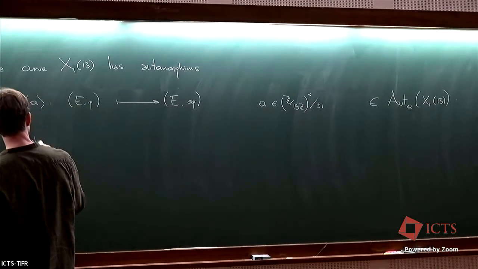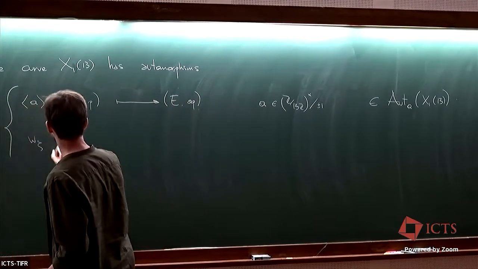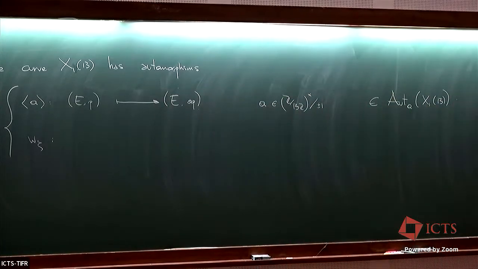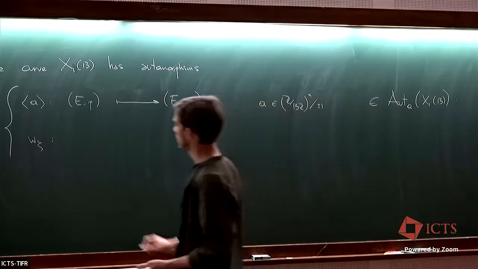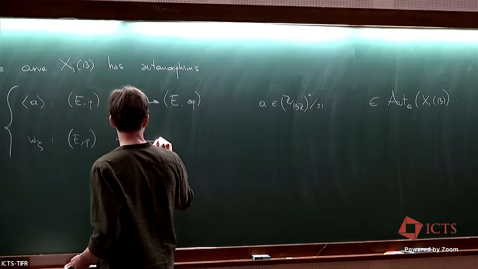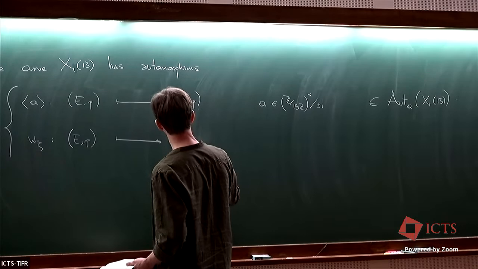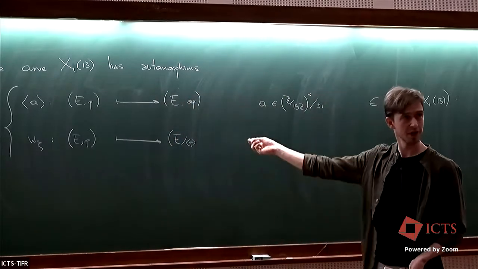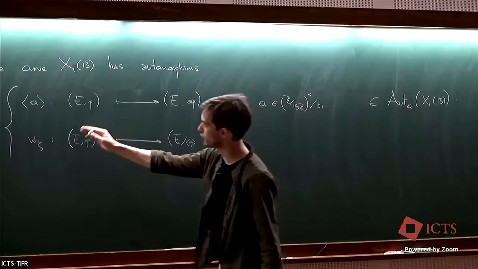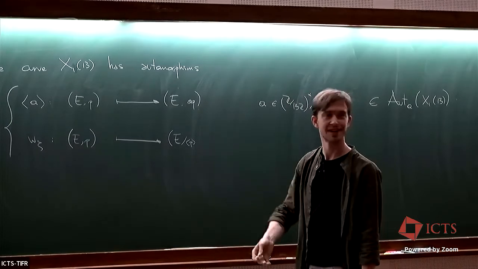A second class of operators are sort of lifts of an Atkin-Lehner involution on X naught. And they arise as follows. They depend on a zeta, which will be a 13th root of unity that is not 1. And what we can do is we can take (E, P) and send that to E modulo the subgroup generated by P. And now I have to pick a point of order 13 on it. It's not so clear how to do that. I have the points of order 13 on E, and I can map them through, but I don't know which one to pick in the line that's left over.